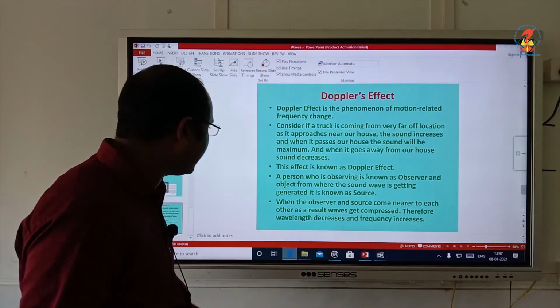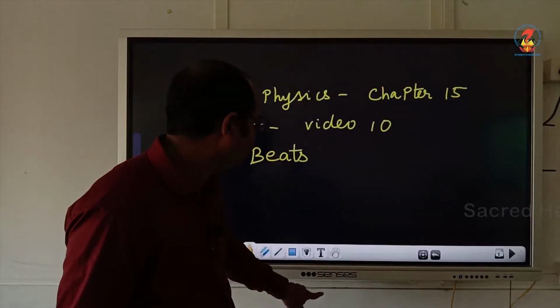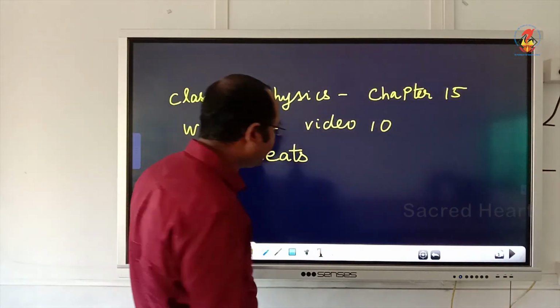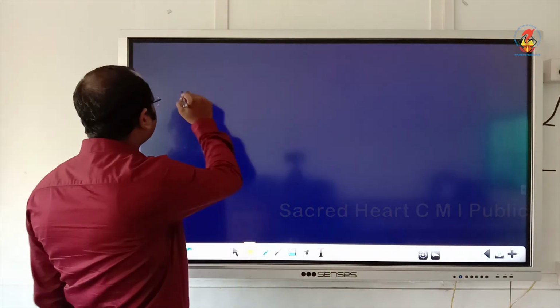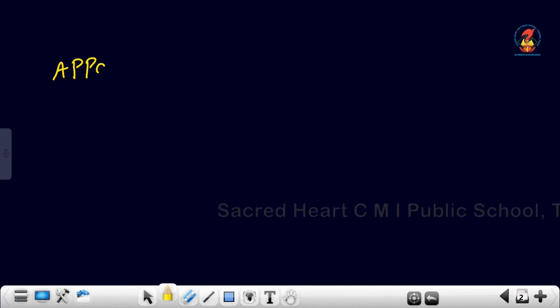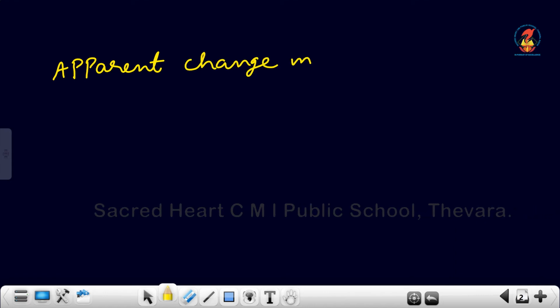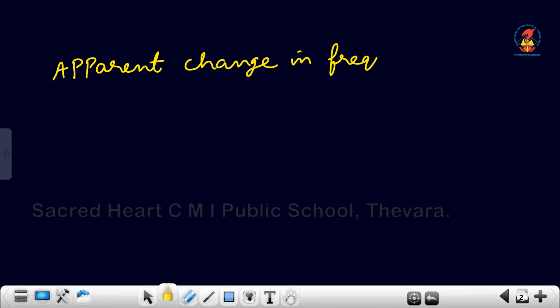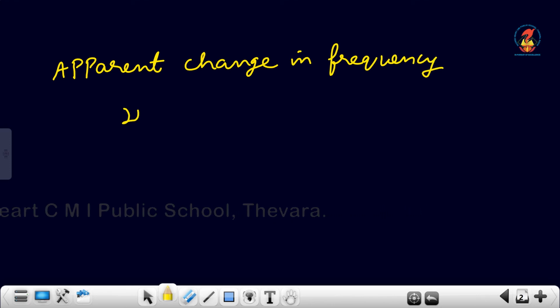So there is one equation which you have to study. You can write like this: apparent change in frequency, that is written as nu dash.